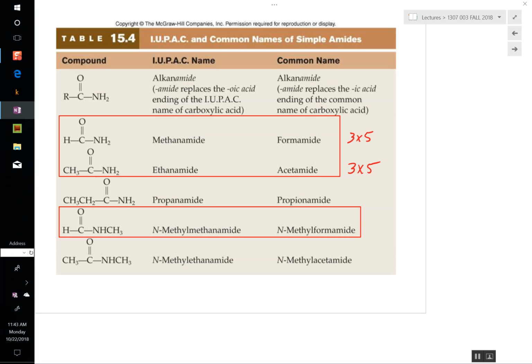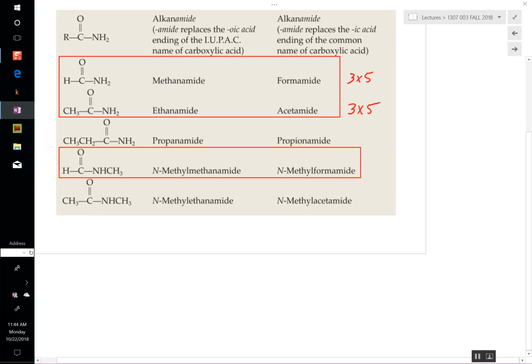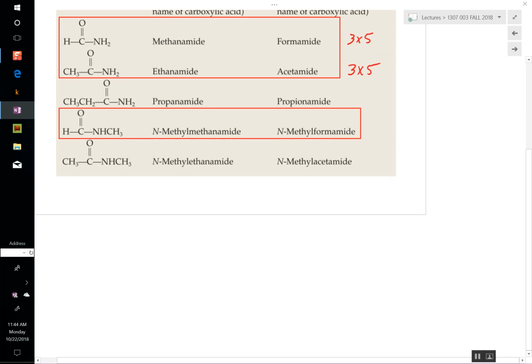And then someone punch in benzamide. You got a browser up. Punch in benzamide. Benzamide. Yes. Formula?